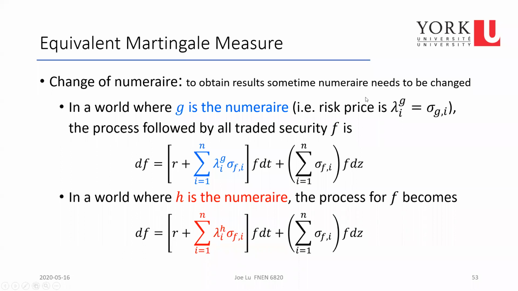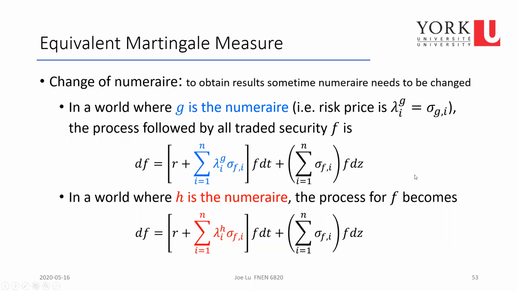Now suppose you initially use G as a numeric asset. And you want to take a look at what a new martingale process will be if you happen to choose another asset, H, as a numeric asset.